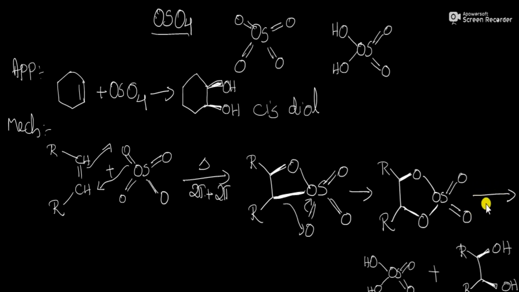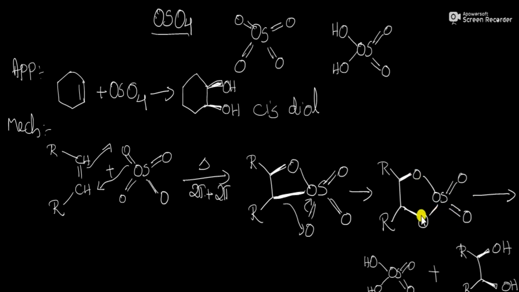Different reagents can be used for this decomposition. For example, bisulfite in the presence of pyridine, bisulfite in the presence of aqueous alcohol, mannitol in the presence of potassium hydroxide, KClO3 in the presence of acid, lithium aluminum hydride or sulfide solution, etc. are the reagents used for the decomposition of the osmate ester.